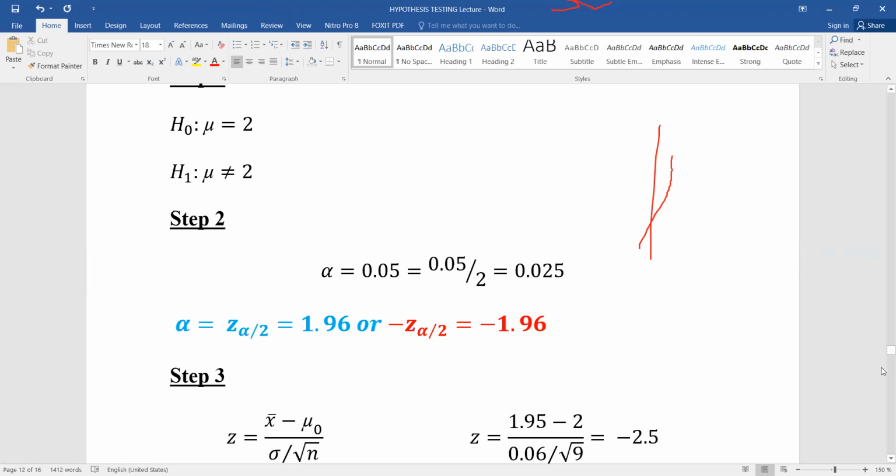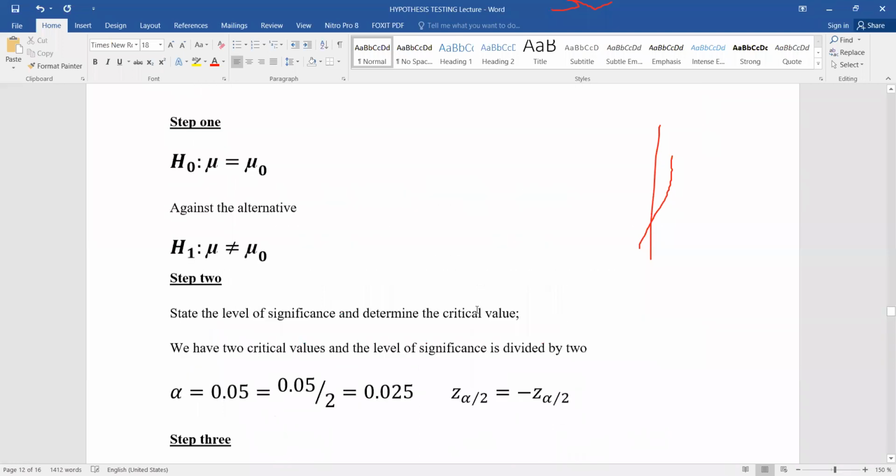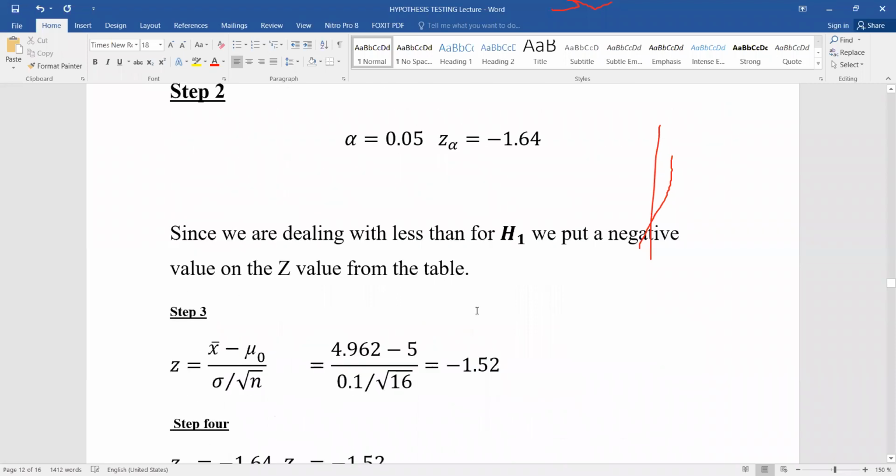When you compute and get a negative like we've done here, you compare it with a negative value, and you go back to the decision rule that we used for negatives.